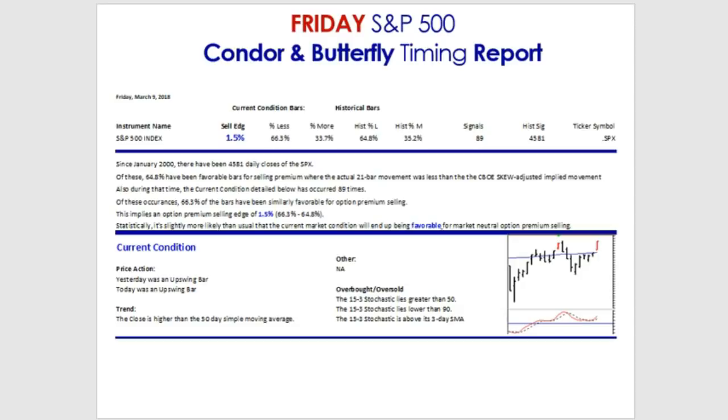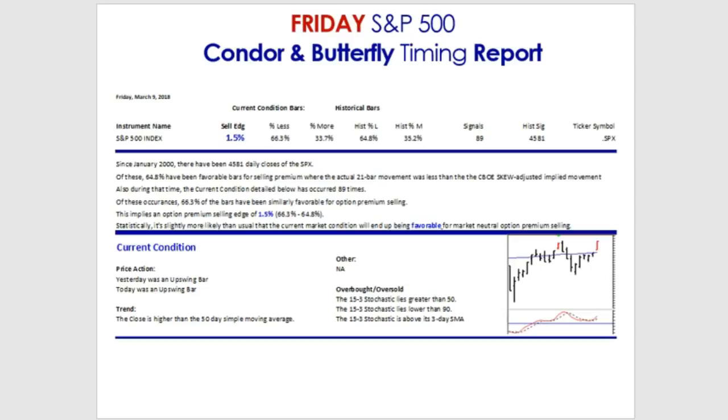Let's first go to the Condor Butterfly Timing Report. Since January of 2000, we've had roughly, pushing 4,600 daily closes of the S&P 500, 4581 as it says. Of those, 64.8% have been favorable bars for selling option premium, where the actual 21-bar subsequent movement was less than what the option prices were implying.